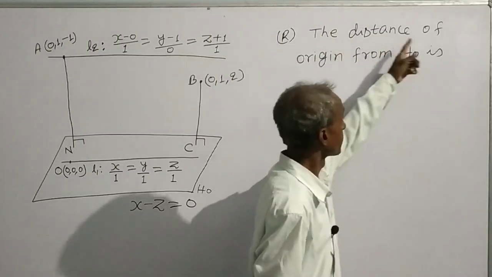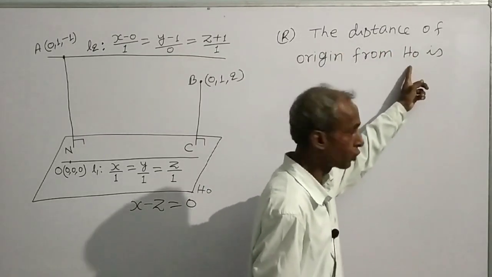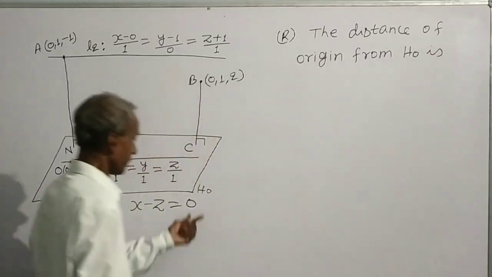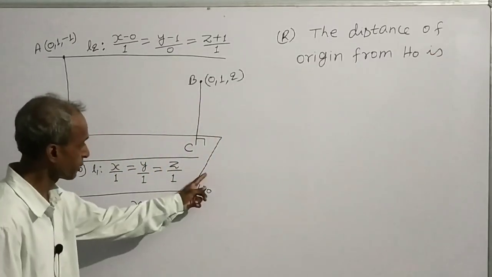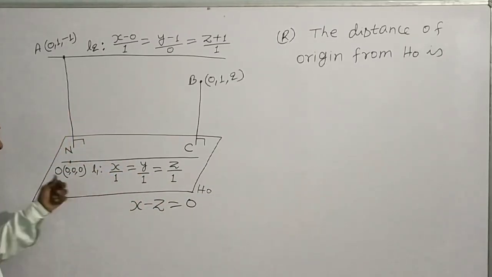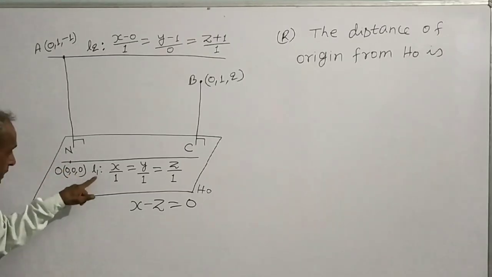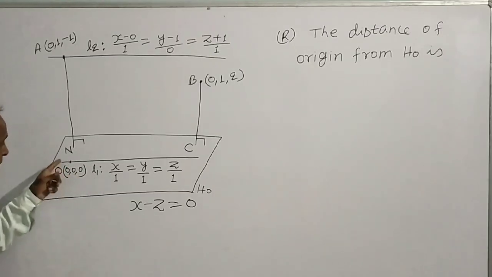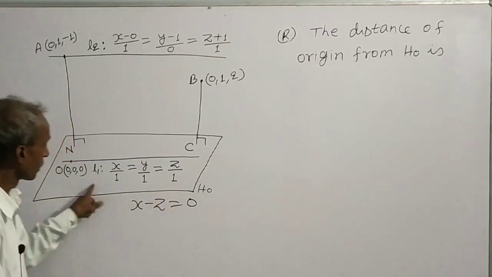The distance of origin from H0, from H0 means from this plane. Since this plane contains this line L1 and origin lies on this line L1, that means origin lies in the plane H0.